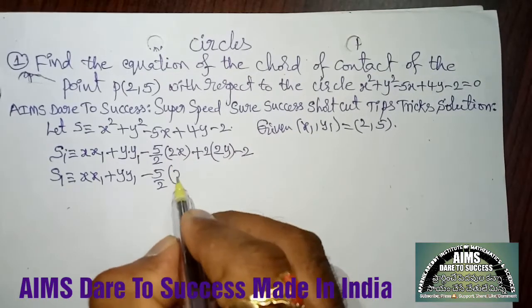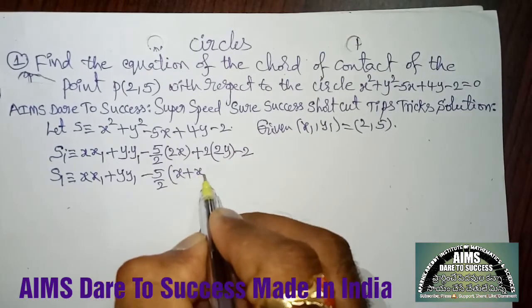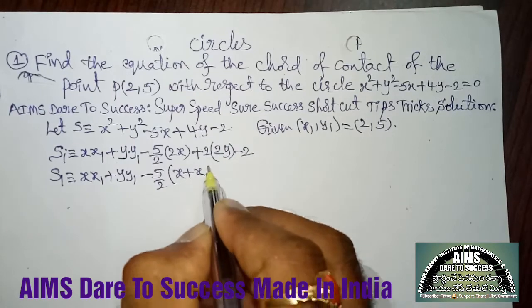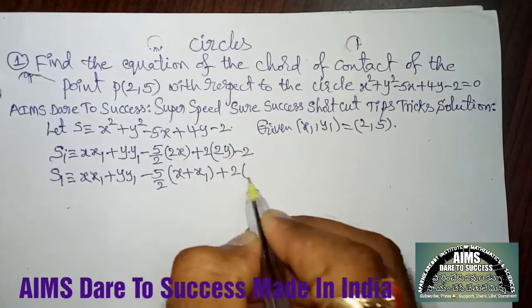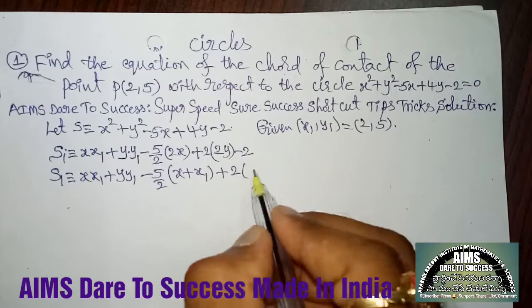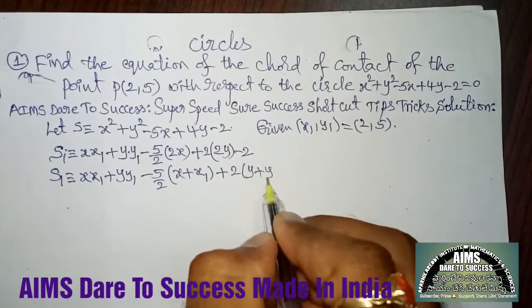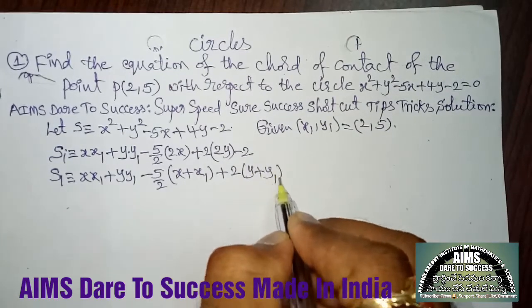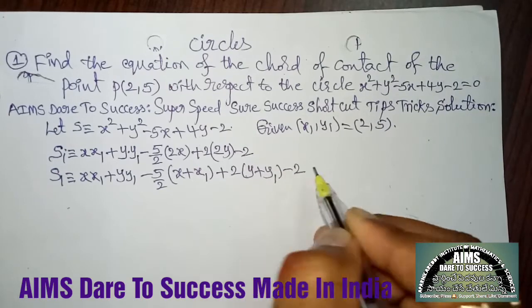can be written as x plus x1. One time of x you can write x1, plus 2 into this 2y can be written as y plus y1. One time of y you can write y1. After that minus 2.